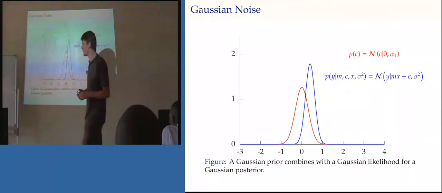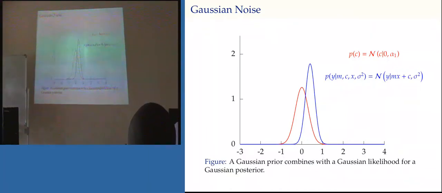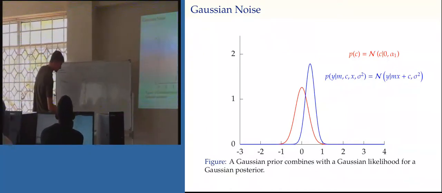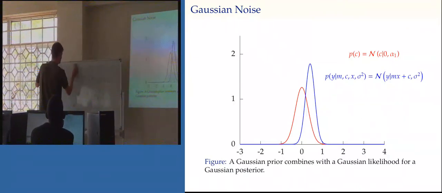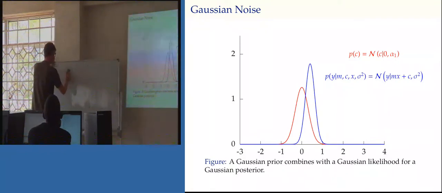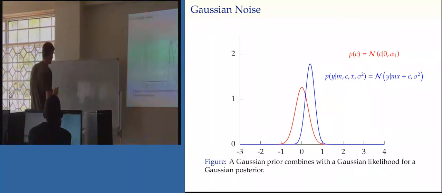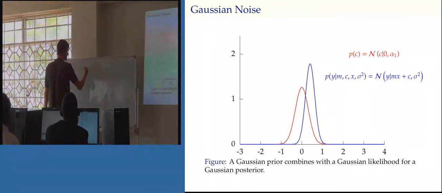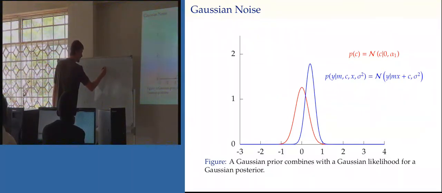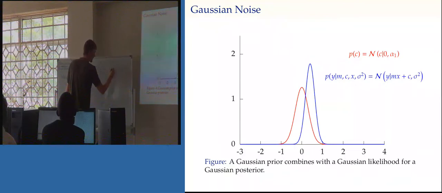So to get the posterior, let's just finalize what Bayes' rule is, given those product and sum rules. Just the product rule is all we need: the posterior, P of C given Y, is equal to P of Y given C, the likelihood, times the prior, divided by the marginal likelihood.